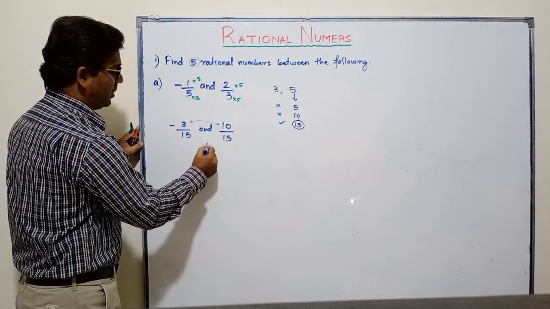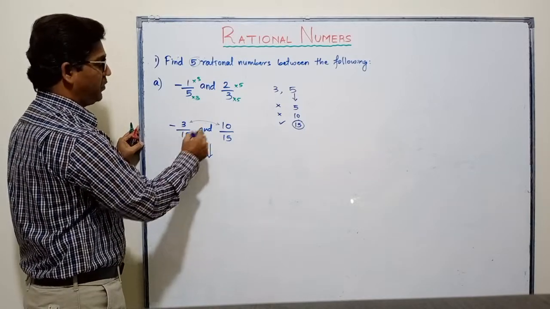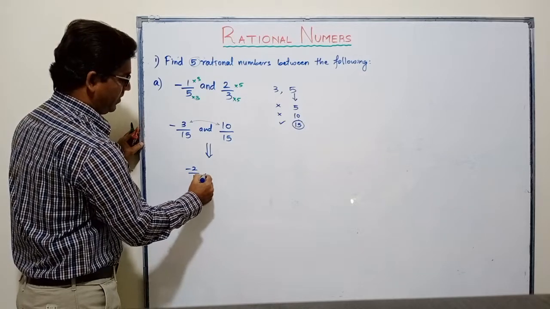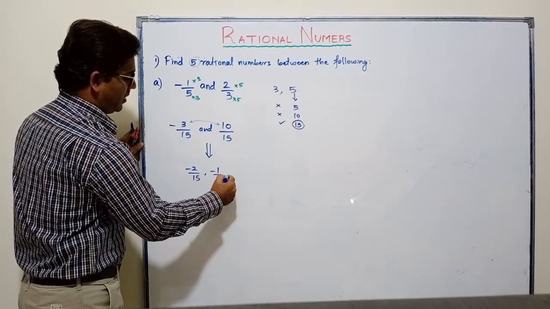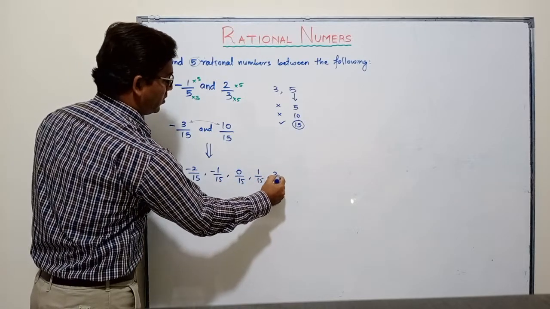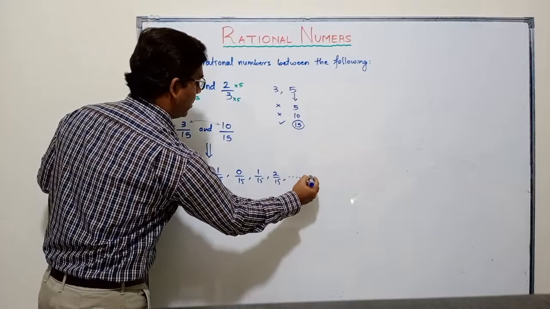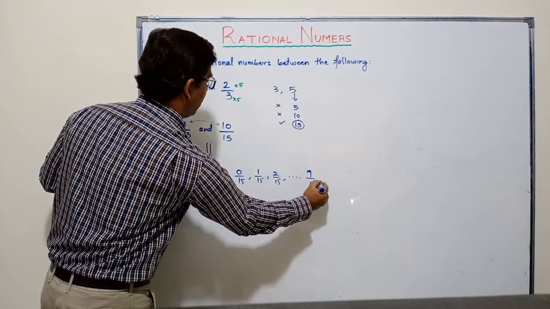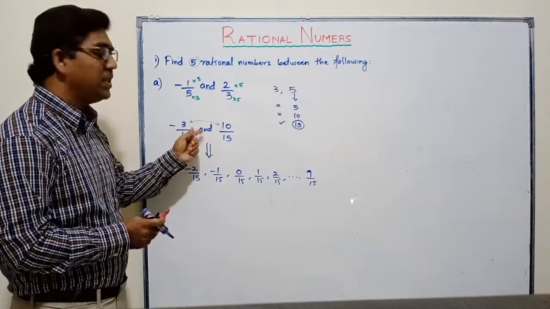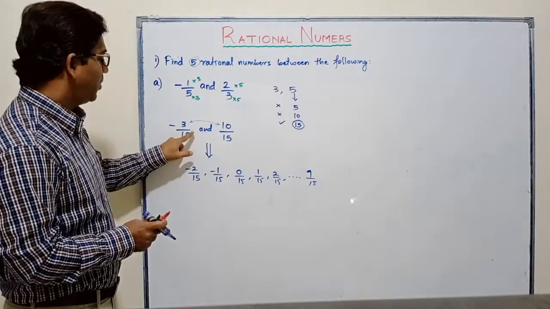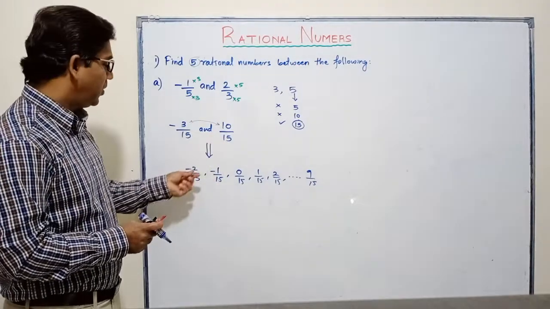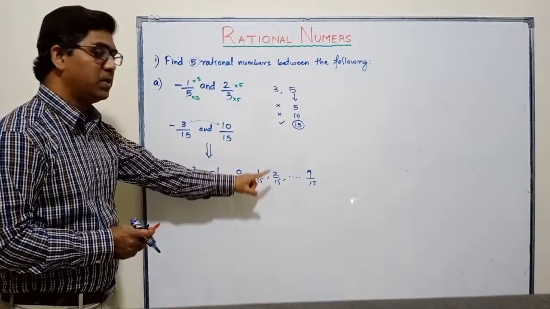So, you can see the numbers between minus 3 by 15 and 10 by 15 is, you can write minus 2 by 15, minus 1 by 15, 0 upon 15, 1 upon 15, 2 upon 15, so on till 9 upon 15. In case you come across a question where you don't have enough numbers between these two, then what you can do is you multiply both numbers by 10, 10, 10, 10. So then you will come to a situation where you have enough numbers between them.